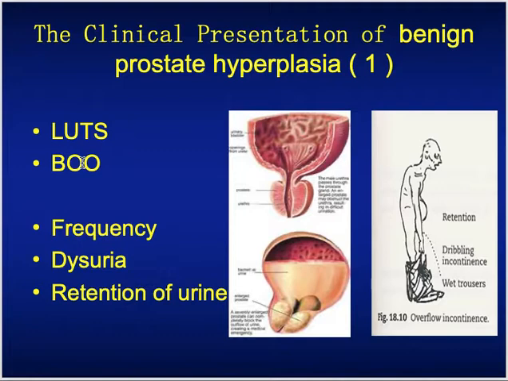Detrusor is the name of the muscle of the bladder, so there is detrusor instability. Due to that detrusor instability, chronically the patient may have bladder outflow obstruction. Now, we go for some examinations plus investigations.